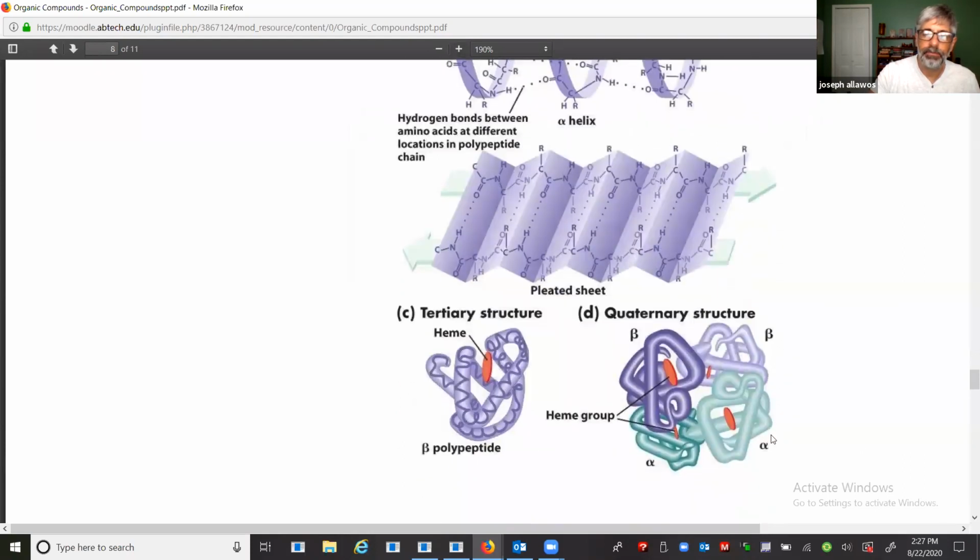And then, heck, they even tell us that there's a quaternary, a fourth dimension to the shape of a protein. Essentially, what you end up with is this big, long string of amino acids that's sort of all wrapped around itself into a big ball, okay?